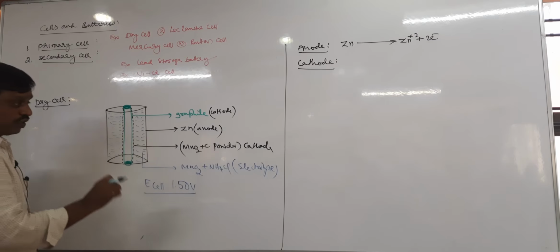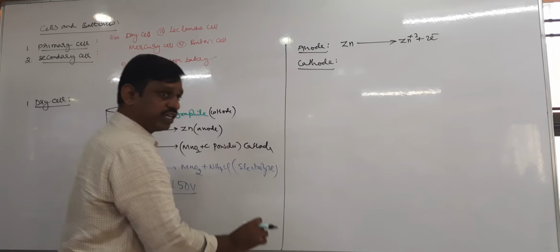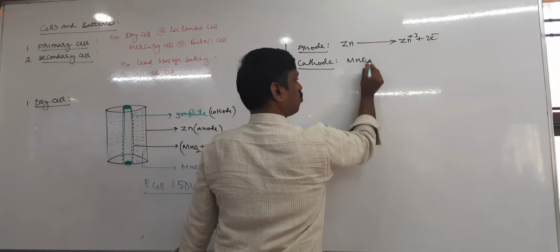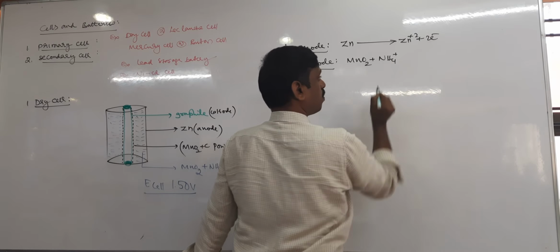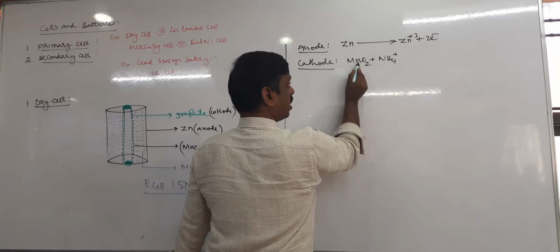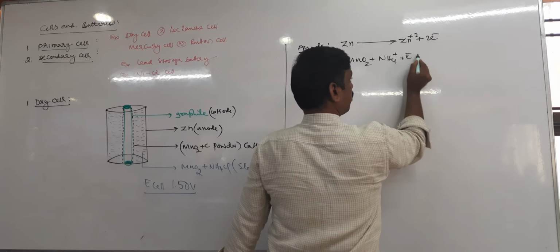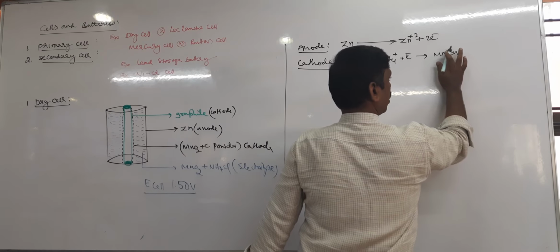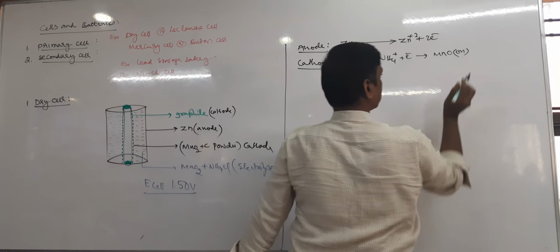But now which is the electrolyte? MnO2 plus ammonium chloride. Therefore now MnO2 is involved in the reaction. In ammonium chloride, the ammonium ion takes part in the reaction. Therefore now tell me, one manganese, one oxygen and one hydrogen, it forms MnOOH.